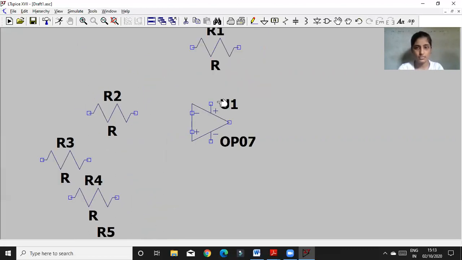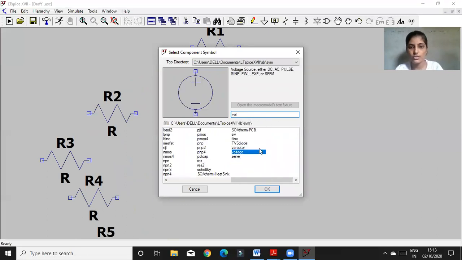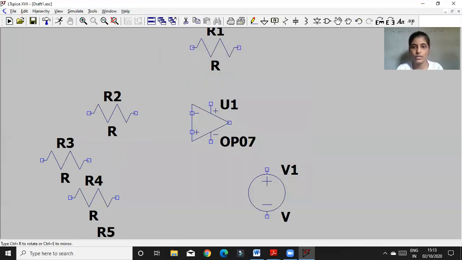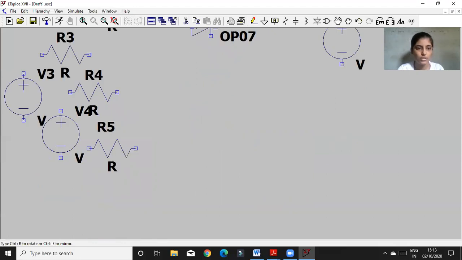Now I select the voltage source, select component and click voltage source. So first of all, I give the voltage source here, plus and minus 15 volts, and here the three input voltage sources, and I give the ground.